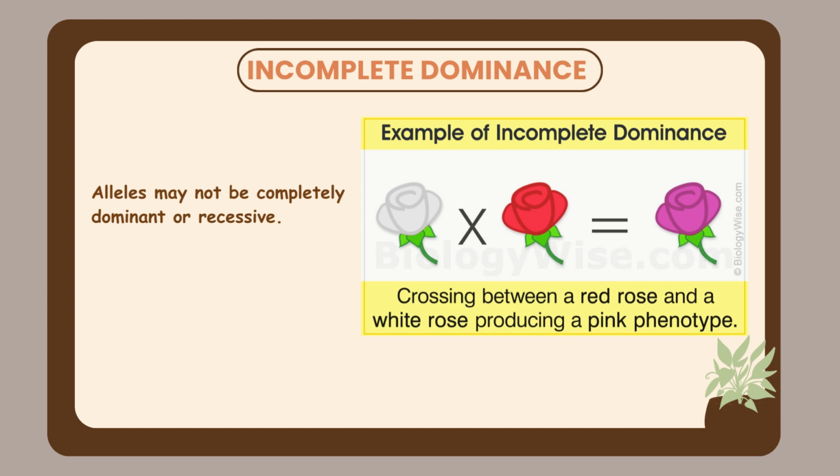Incomplete dominance means alleles may not be completely dominant or recessive. It is a blending type of inheritance reported by a scientist a long time ago.